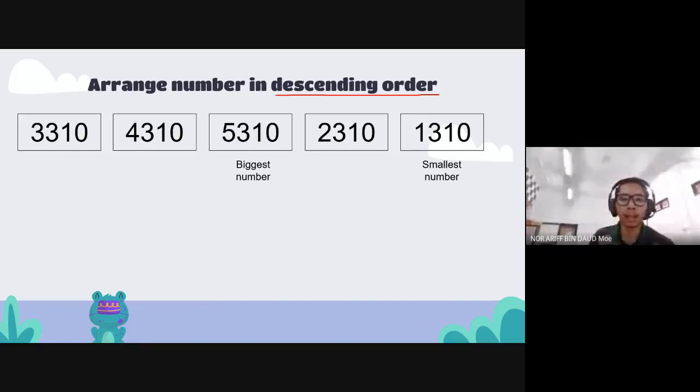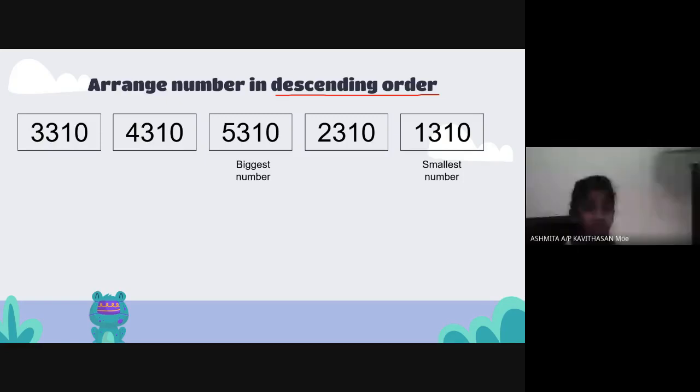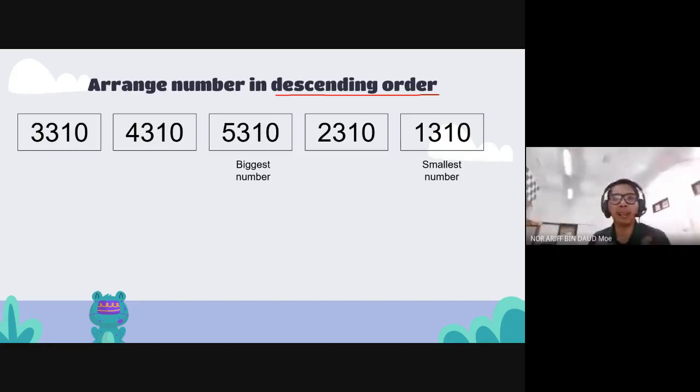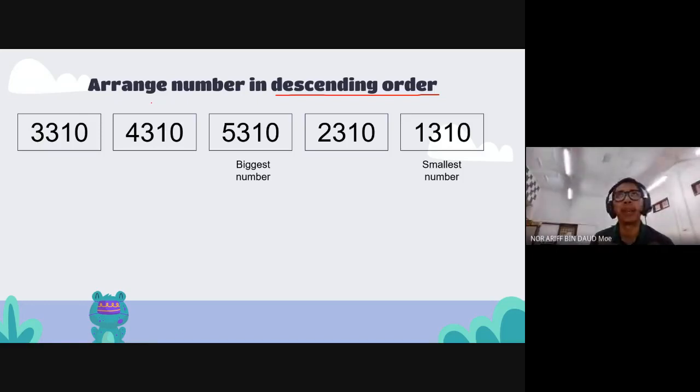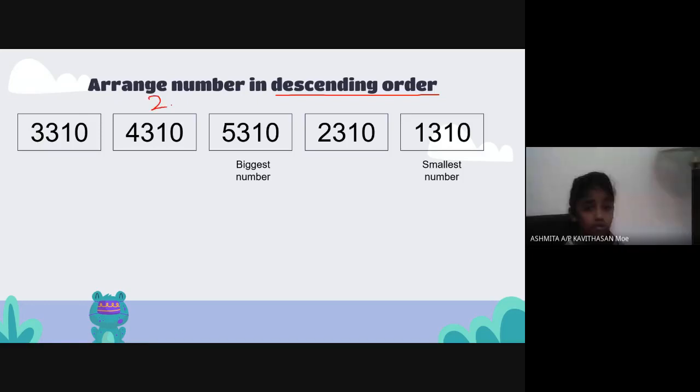Okay, I want to ask Ashmita. Ashmita, are you still there? Is there a problem? Ashmita, can you find me number 2, 3, and 4? 4,310, this one is number 2. Number 3 is 3,310.